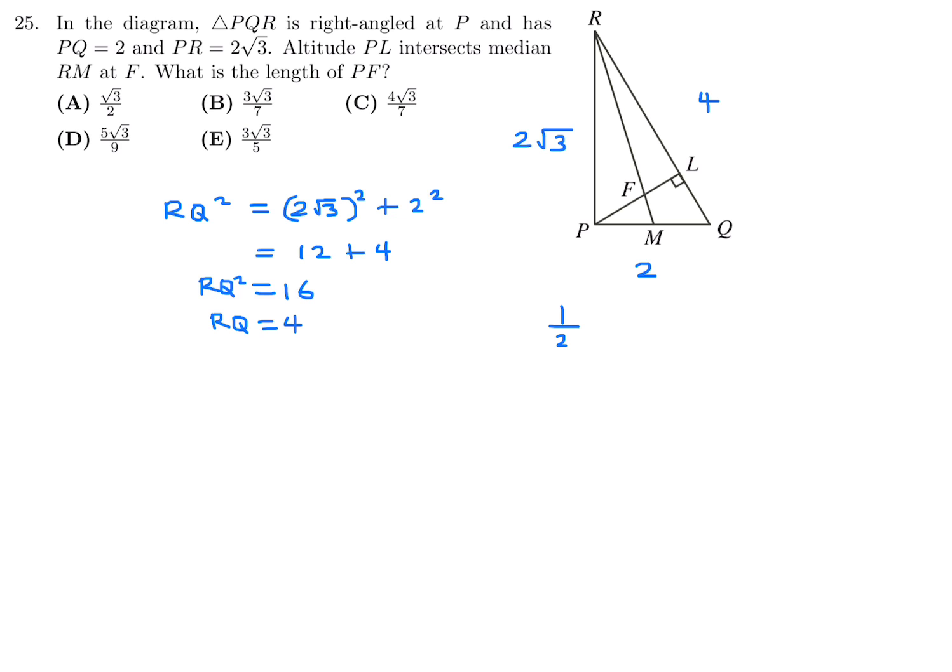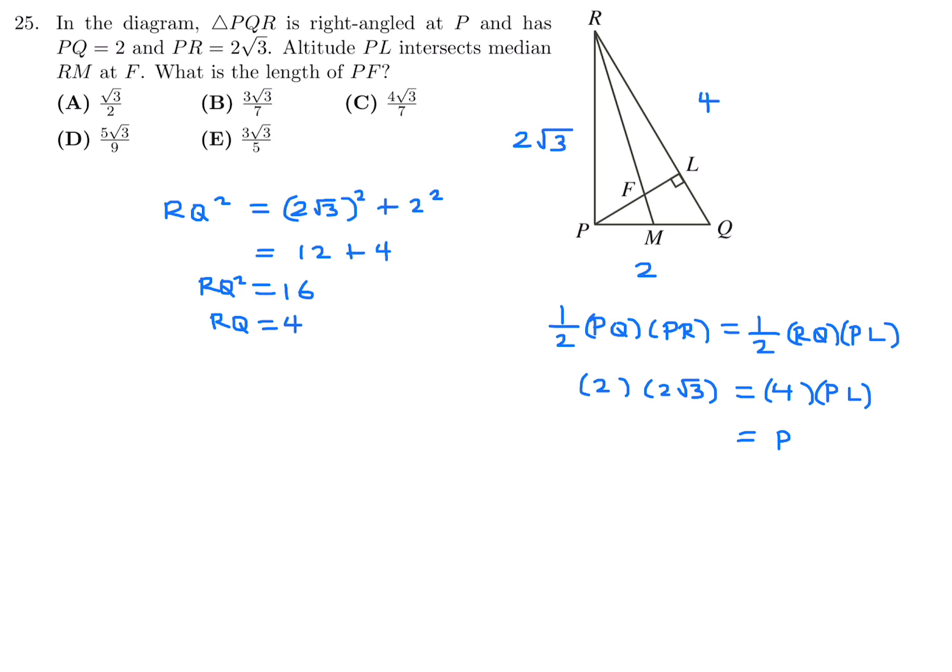So the area will be 1/2 base, PQ, times height, PR, and that will be equal to 1/2 base times height, RQ, times PL. So the halves cancel. PQ is 2, PR is 2 root 3. RQ, we just figured out, was 4, and then we just have PL left. So solving for this, PL is equal to root 3. Okay, so those are the first two findings in our question.